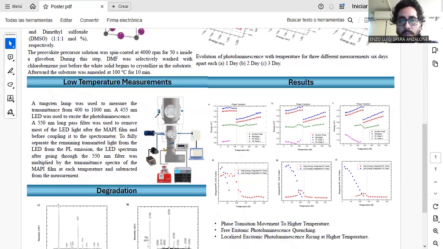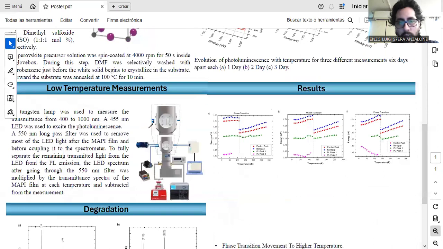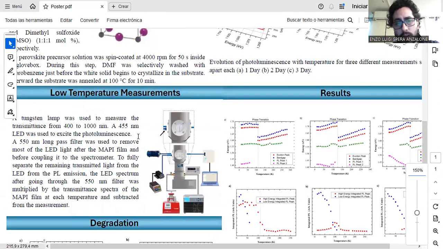To do these measurements, we can see here a small picture of the device we use. This is the cryostat. We use a tungsten lamp to measure the absorbance, and we use a blue 455 nanometer LED to stimulate the photoluminescence.